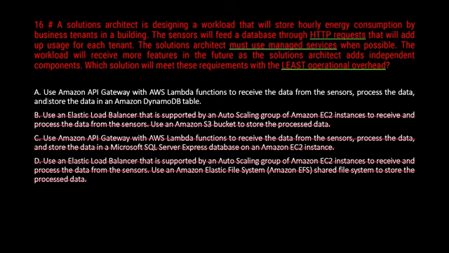Okay, so that leaves us with this, which is the only option where Amazon API Gateway is managed, Lambda is managed, DynamoDB is managed. They are not just managed services, they are all serverless. So that is the best solution for this particular scenario. So you can eliminate things immediately like this, right?